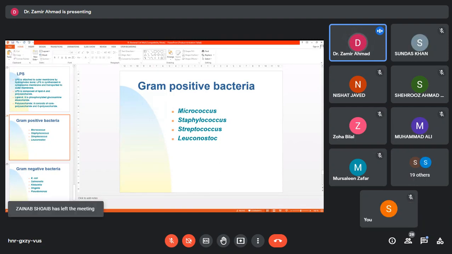Staphylococcus and Streptococcus are the two important bacteria which can cause infection in humans also. Staphylococcus mostly causes skin infection, and Streptococcus mostly respiratory tract and skin infection, or infection of the inner structures in the body when it enters into the body.